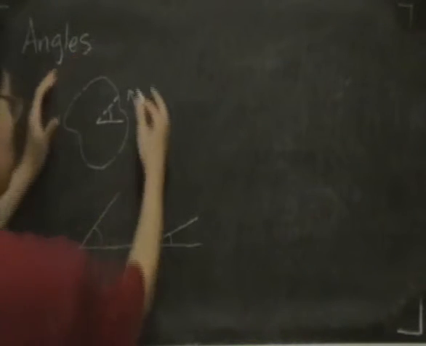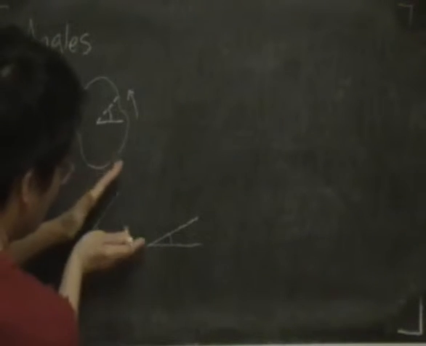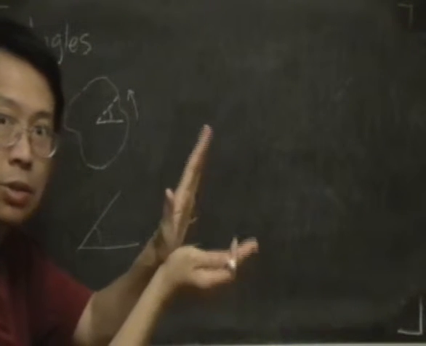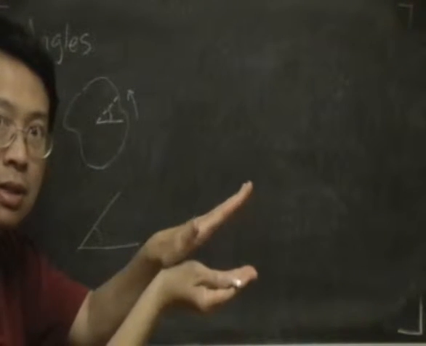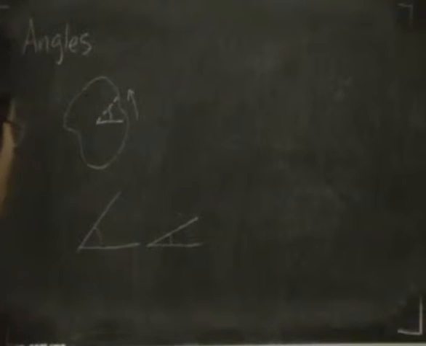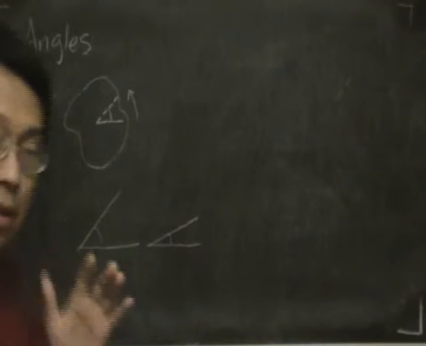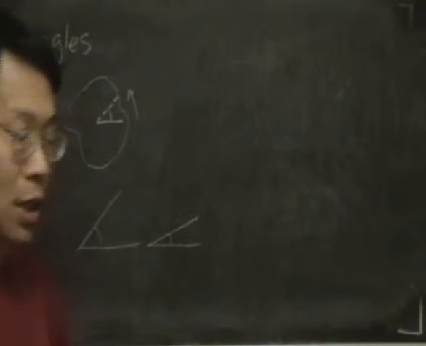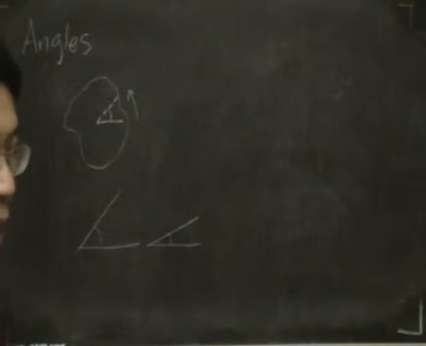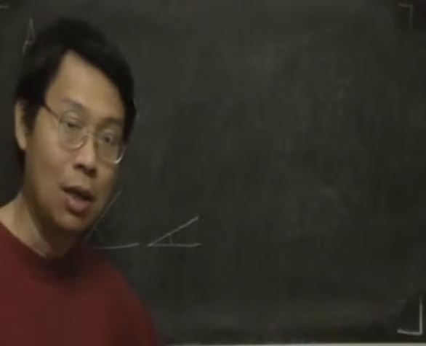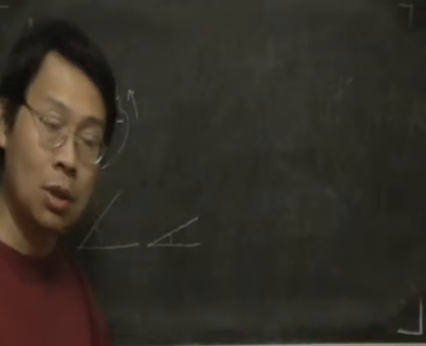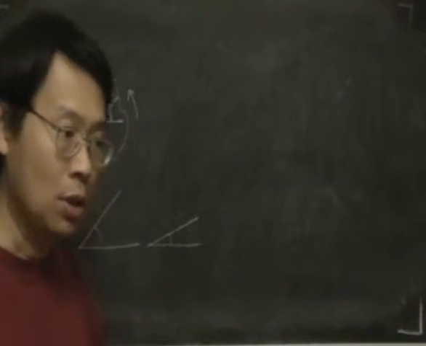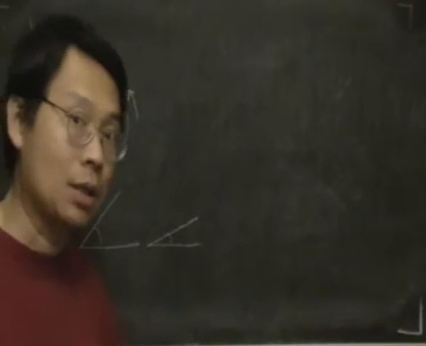And if I rotate more, this gap between the two lines will be bigger. So that's a smaller angle, that's a bigger angle. Now, there are different ways or units to measure angles. So we have units like we have for length, where we use centimeters or meters. So in angles, there are a few different units that we need to learn.